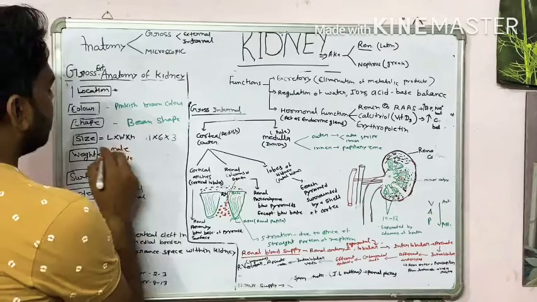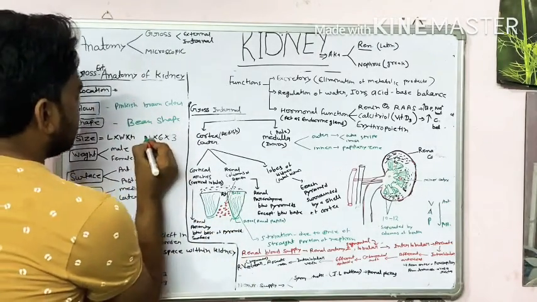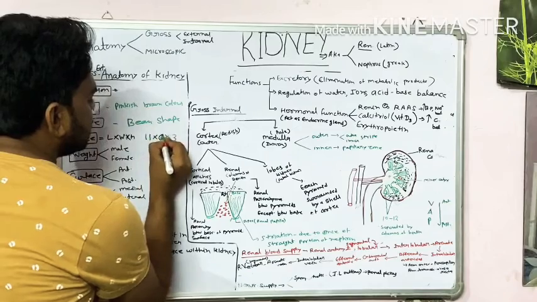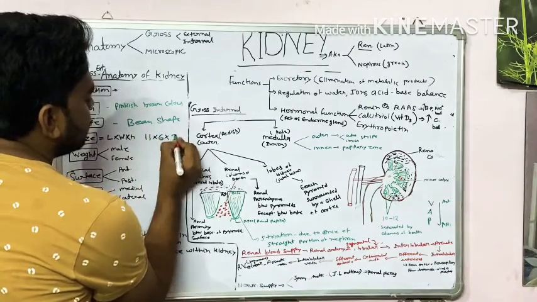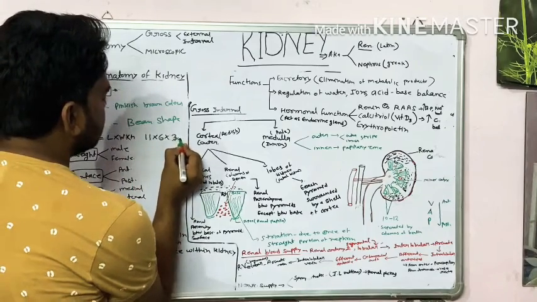Then the length, width and height of the kidney: length is 11 centimeters, width is 6 centimeters, and height is 3 centimeters.